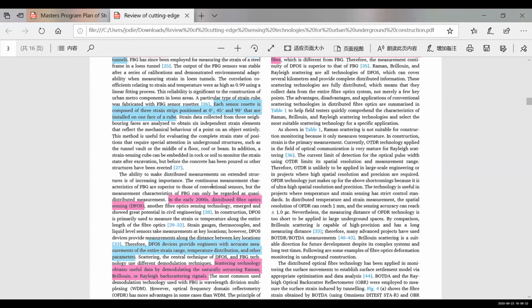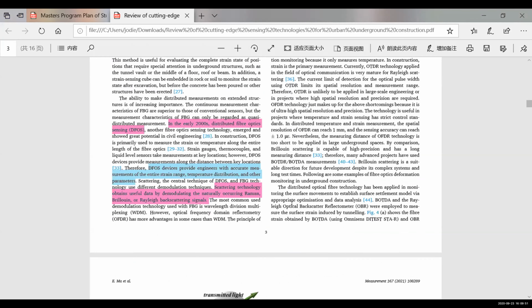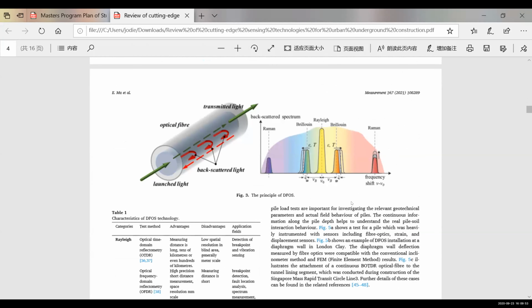Another one is the distributed fiber optic sensing, the DFOS, and the central technique of DFOS is scattering. The scattering technology obtains useful data by demodulating the naturally occurring Raman, Brillouin, or Rayleigh backscattering signals. And this picture shows the principle of DFOS.